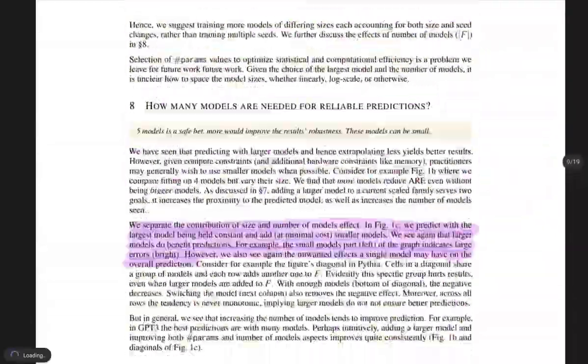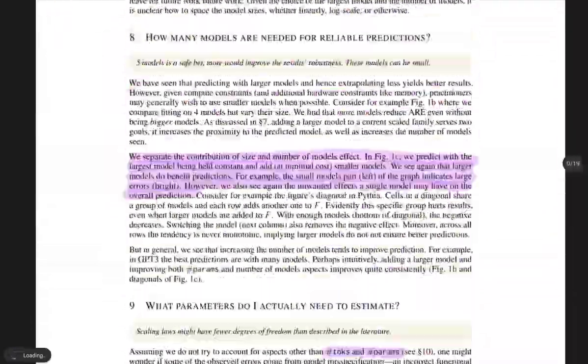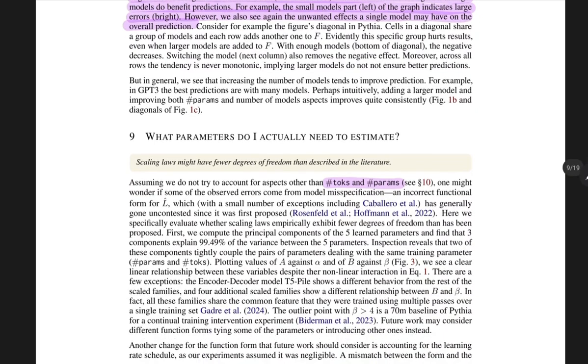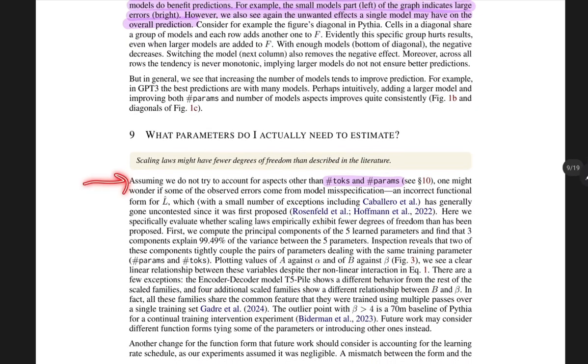Now coming to the last law, I think we are on. Yeah, last law. So they are saying in the last law, what parameters do I actually need to estimate? Scaling laws might have fewer degrees of freedom than described. What they are saying, I'm assuming, is we do not try to account for aspects other than tokens and parameters. One might wonder if some of the observed errors come from model misspecification, an actual incorrect function form.